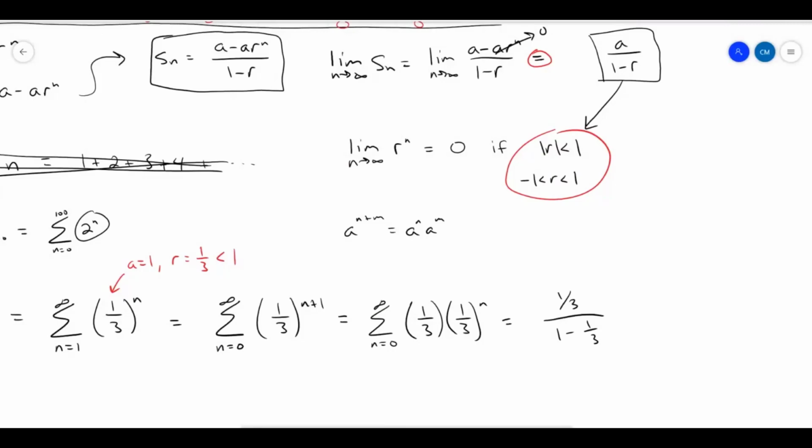Now we simplify that. The denominator is 1 minus 1/3, that's 2/3, right? And then it's in the denominator, so I can flip it over, multiply by 3/2, and I get 1/2 for the end of this. So what is that telling us?